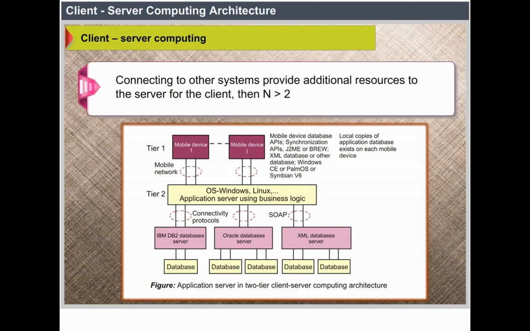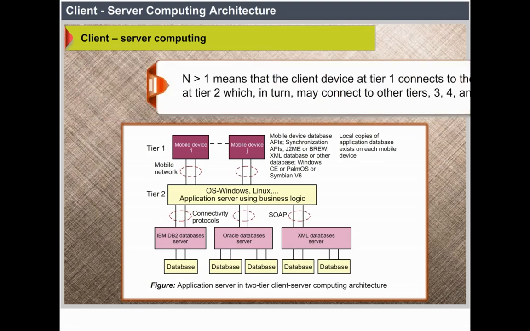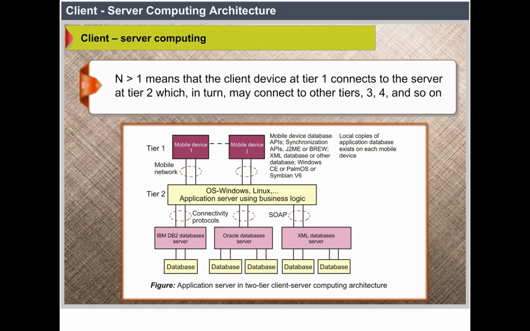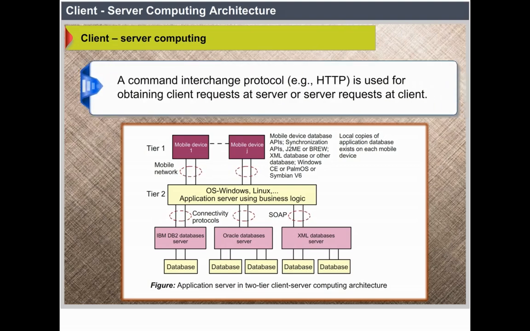Connecting to other systems provides additional resources to the server for the client, then n is greater than 2. n greater than 1 means that the client device at tier 1 connects to the server at tier 2, which in turn may connect to other tiers 3, 4 and so on. A command interchange protocol, for example HTTP, is used for obtaining client requests at the server or server requests at the client.